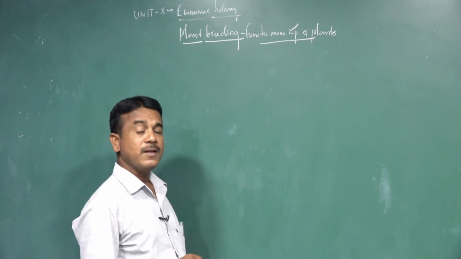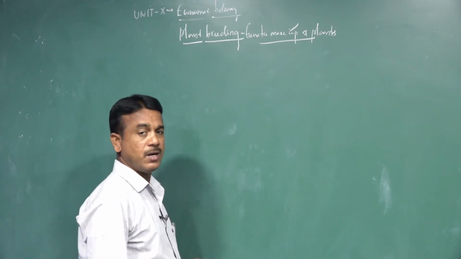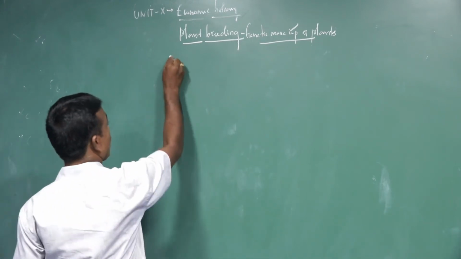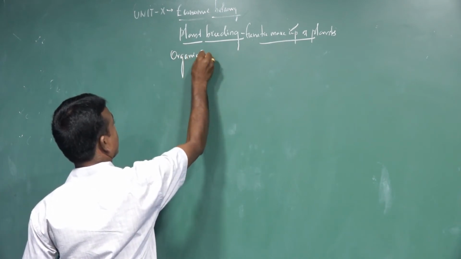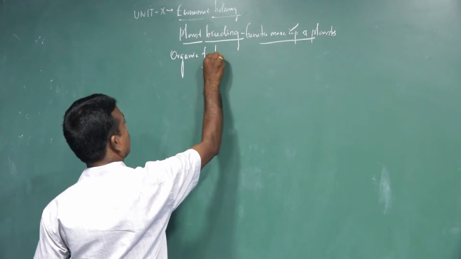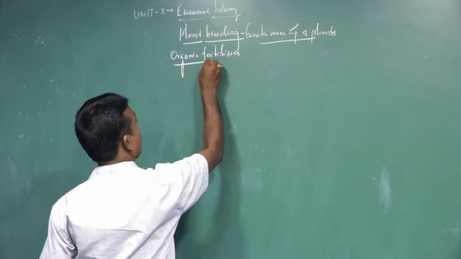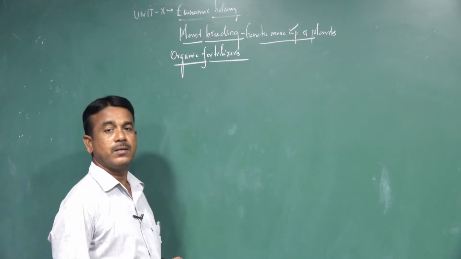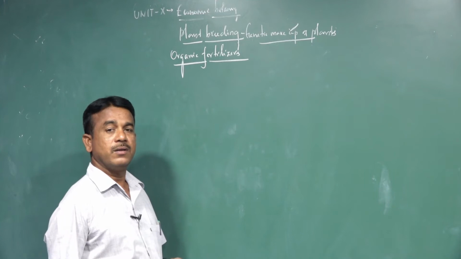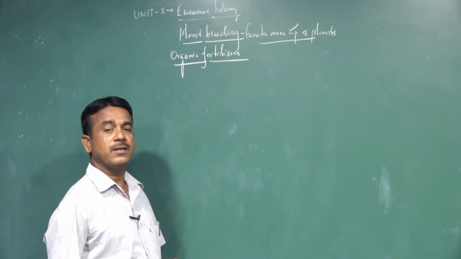In plant breeding, the topic today is organic fertilizer. In general, the farmer utilizes chemical fertilizer, chemical insecticide and chemical pesticide.